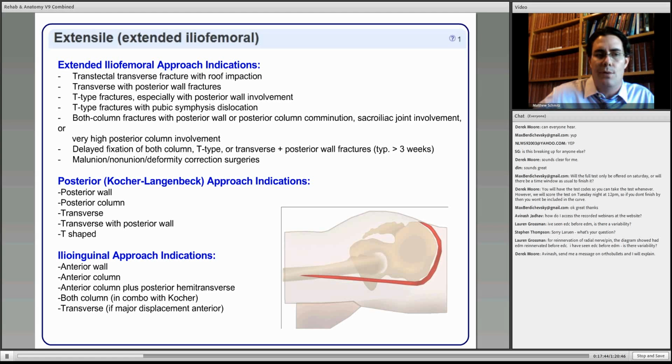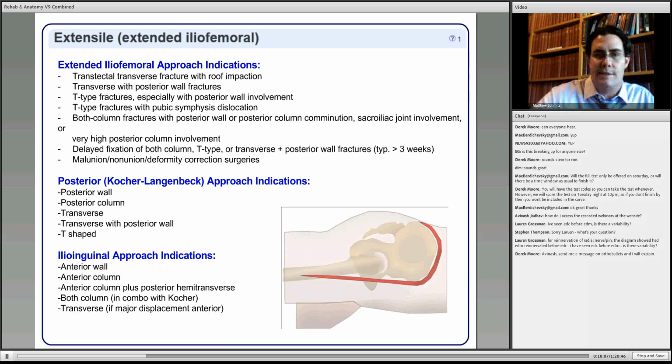If you have a both column, you need to use both the ilioinguinal and the Kocher-Langenbach, or you can use the extended iliofemoral. One of the other good indications for an extended iliofemoral is the specific transtectal transverse fracture that has roof impaction, because you're able to access both sides that you would not be able to get access to with simply a Kocher-Langenbach or an ilioinguinal.